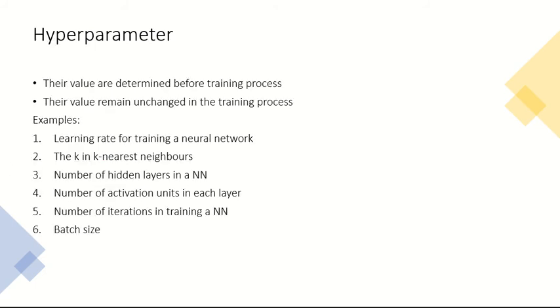What exactly is a hyperparameter? A hyperparameter is a parameter in a machine learning model. In each machine learning model, we have two groups of parameters. A group of parameters which are normal, their values can be trained during the training process and from the dataset.